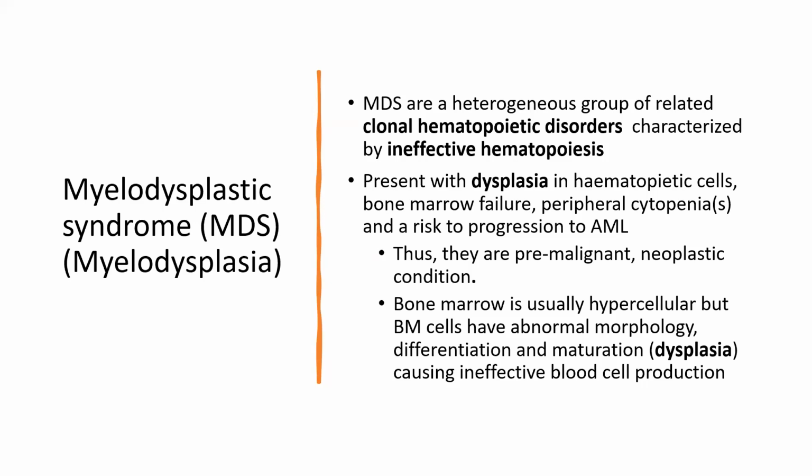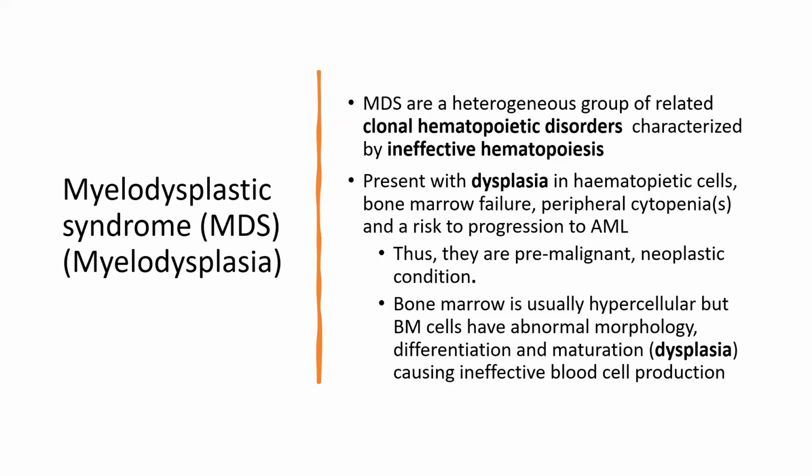So the cells that are produced through this clonal proliferation are dysplastic cells. And therefore, a patient will present with features of bone marrow failure because these dysplastic cells do not function normally. The patients may also present with peripheral cytopenias.